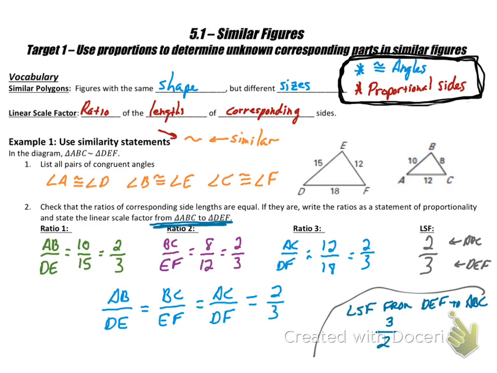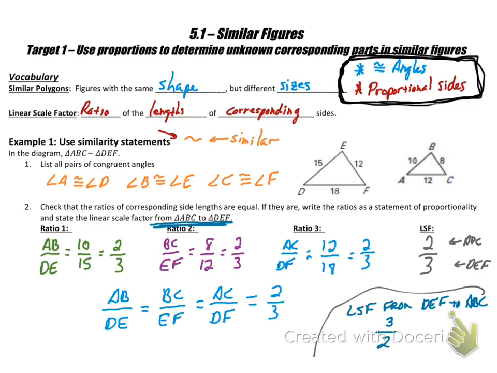All right, so in example 1, we just listed the pairs of congruent angles, and then in number 2, we checked the ratios of the corresponding sides. And we wanted to state the linear scale factor from triangle ABC to triangle DEF.